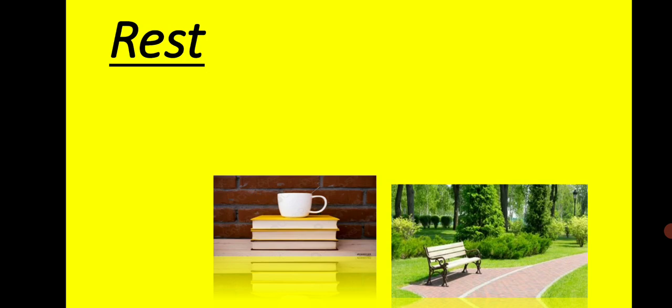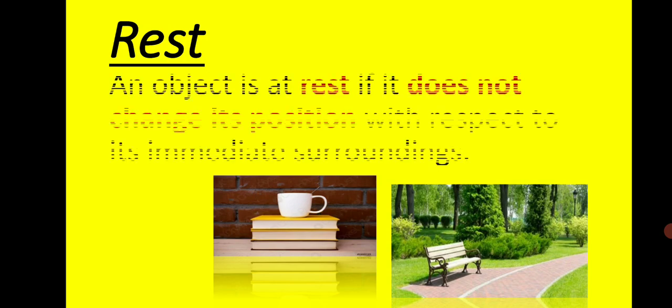Students, you can see there is a table with a book and a cup of tea. And in the second picture, there is a bench which is placed in a park. Can they move by themselves? I think not. So, what is rest?